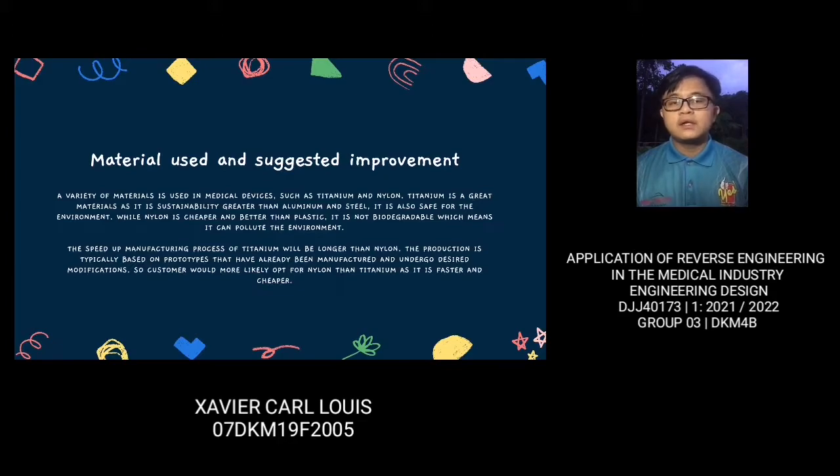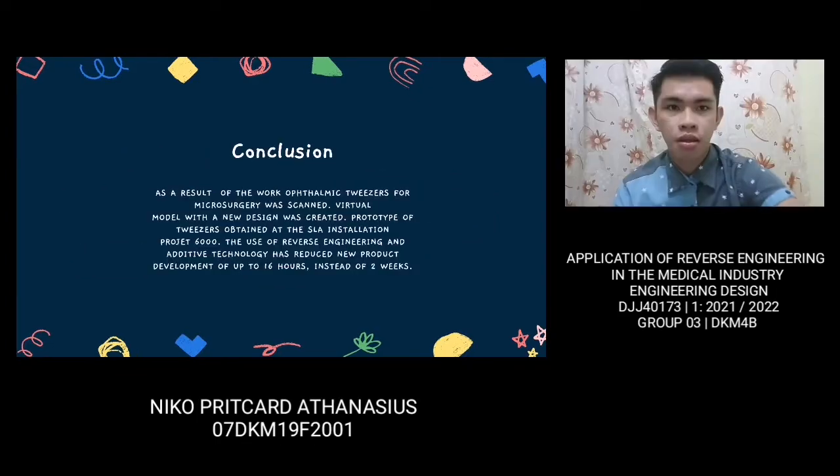In terms of production, the prototypes that both these materials produce have usually already been made and undergo desired modification, which means that customers or consumers will more likely choose something that is faster and cheaper, which is nylon.